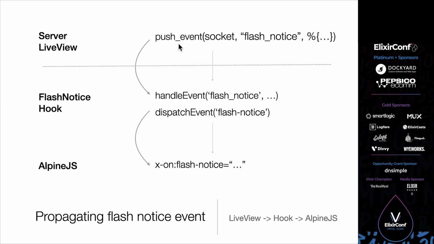So we're going to push a flash notice event from the server to the client. It's going to be picked up in a hook handleEvent function. So it's waiting for this flash notice. When it gets that, it's going to dispatch an event, a JavaScript custom event that will be picked up in the JavaScript code in the AlpineJS code.